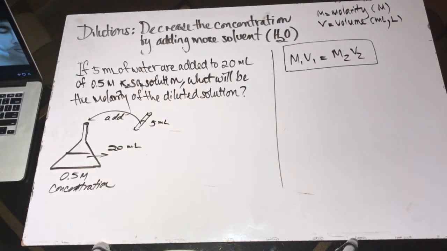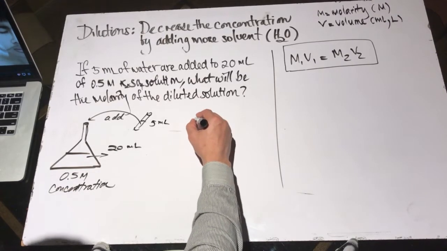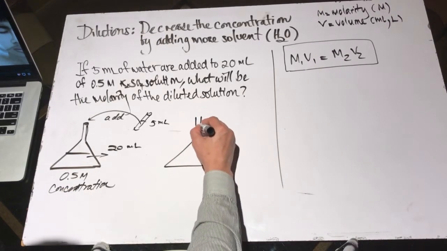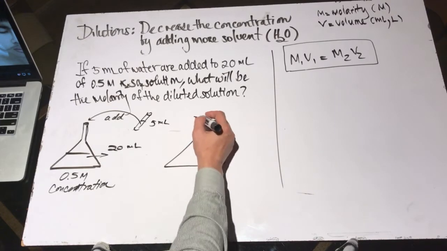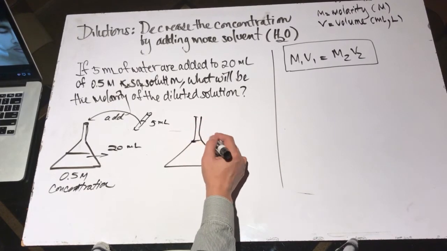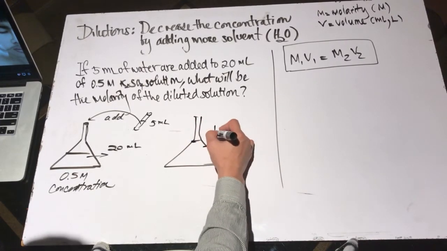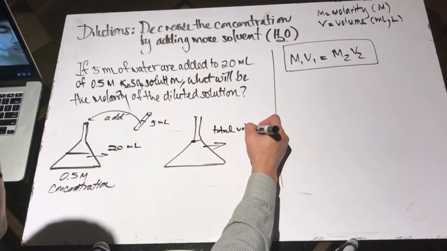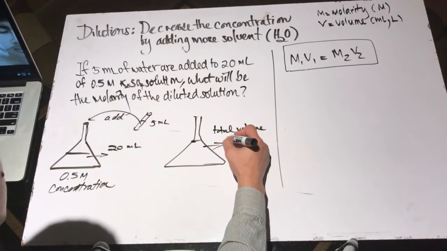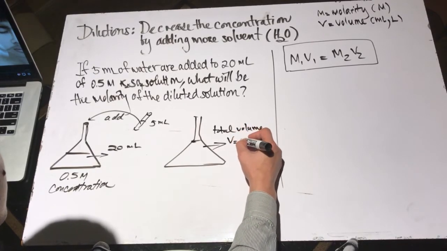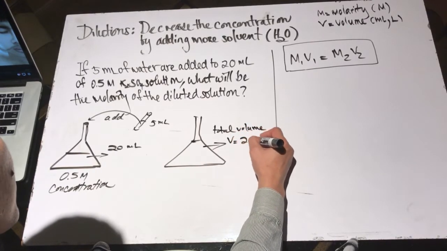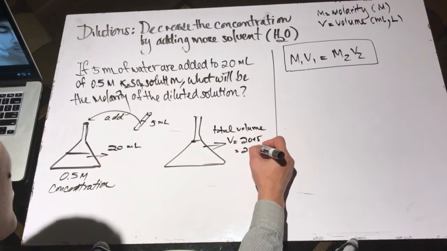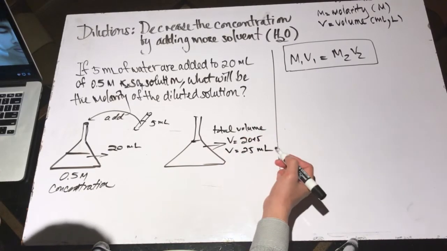So this is what happened before, and after that, this is what's going to happen. You're going to draw pictures the same way. Now your volume is a little bit more. You need to understand what total volume is: 20 plus 5 is equal to 25 milliliters. That's your second volume.